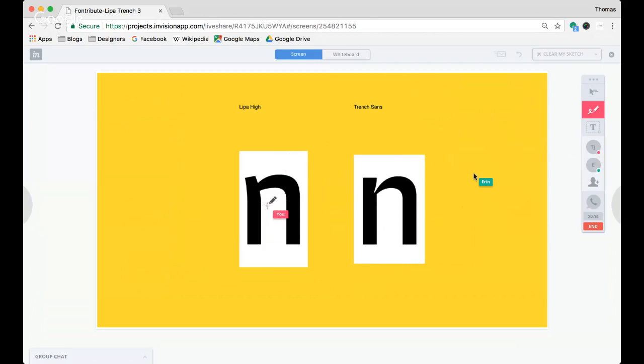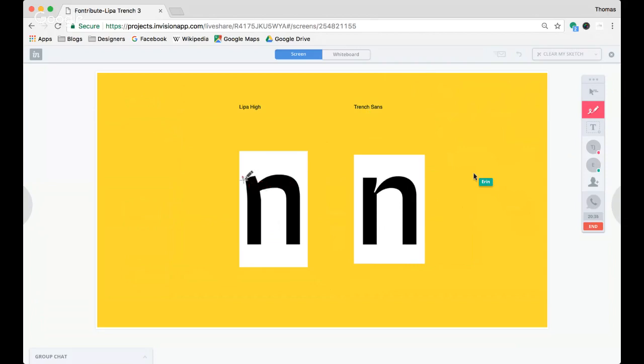In Lipa, we see the start of a break transition right here in the stem, moving here, to limit it versus being a full unit that size. The designer is trying to remove as much black as possible from that area.